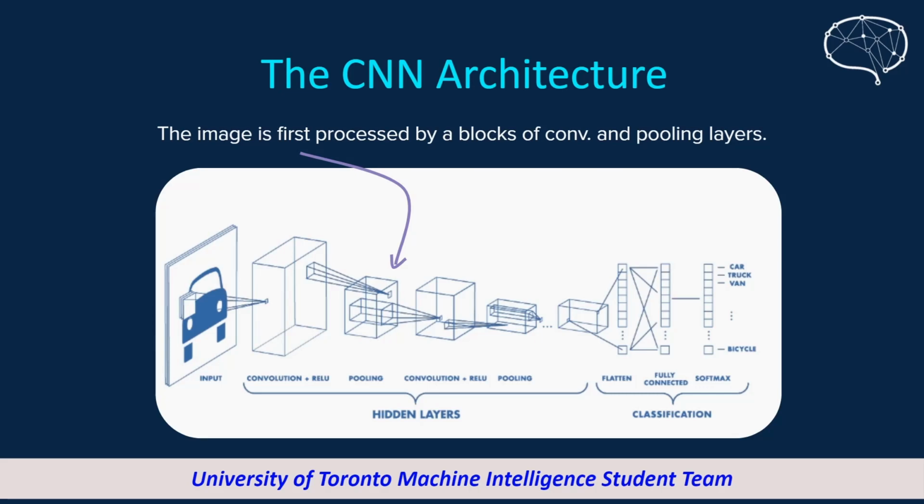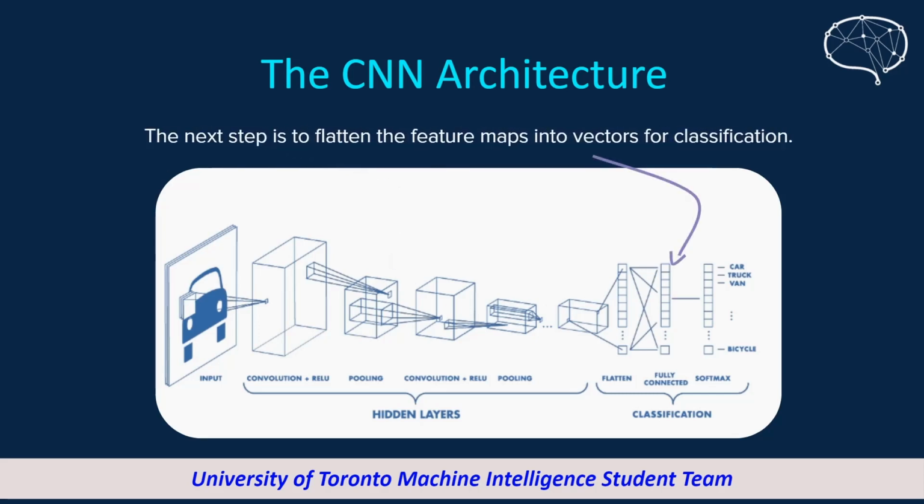As a matter of fact, you can observe that if we increase the number of layers, we will be increasing the number of variables we need to train whilst decreasing the dimension of the feature map. The next and last step is to flatten the feature maps into vectors for classification.